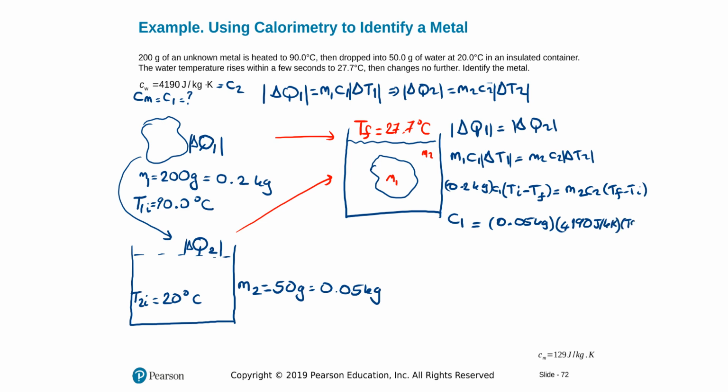I'll put here T final minus T initial for water, divided by 0.2 kilogram, and I'll put T initial minus T final for the metal. Actually a mistake here, I should have called these T1 initial, T1 final, T2 initial, T2 final to specify.